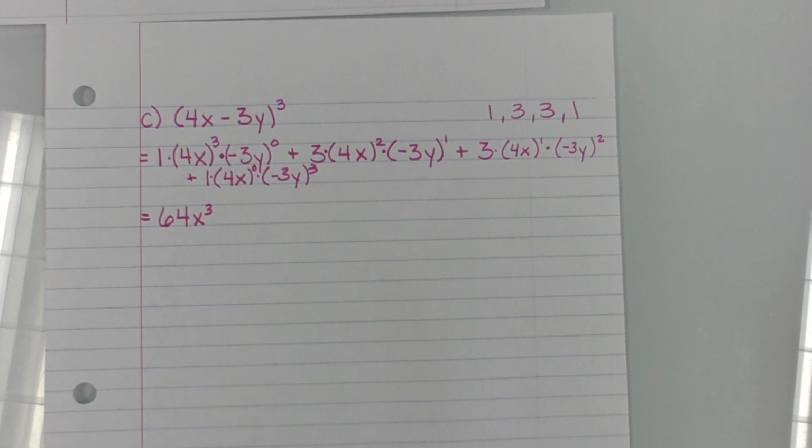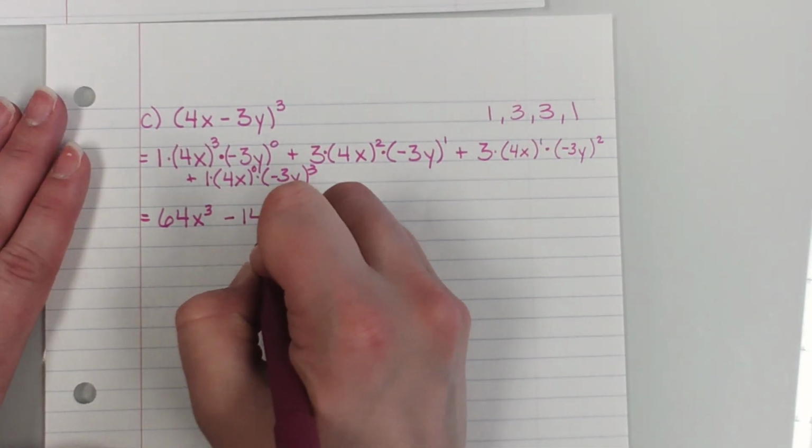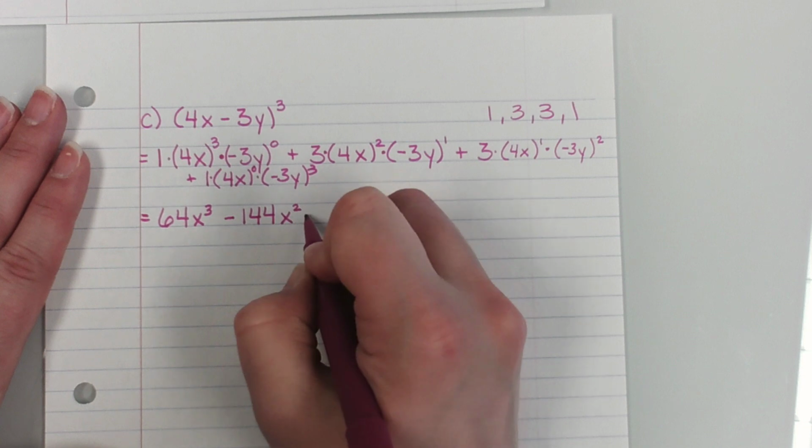Bryn. What's the second term going to simplify down to? Yep. Negative 144 x to the second power and then y.